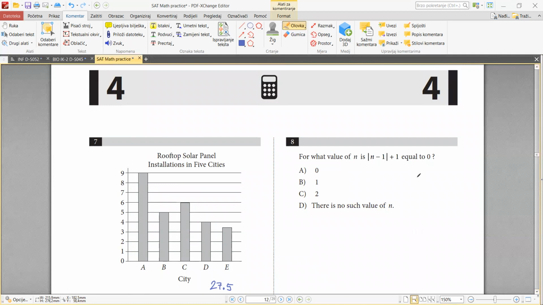We continue with question number 8. For what value of n is absolute value of n minus 1 plus 1 equal to 0?